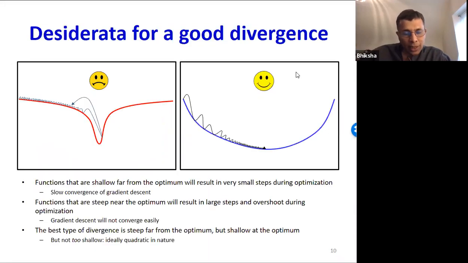It satisfies the requirement of being sufficiently shallow near the minimum and sufficiently steep far away from it, which is why for most analyses of gradient descent and convex optimization techniques, we use the quadratic function as a standard and compare everything to it.